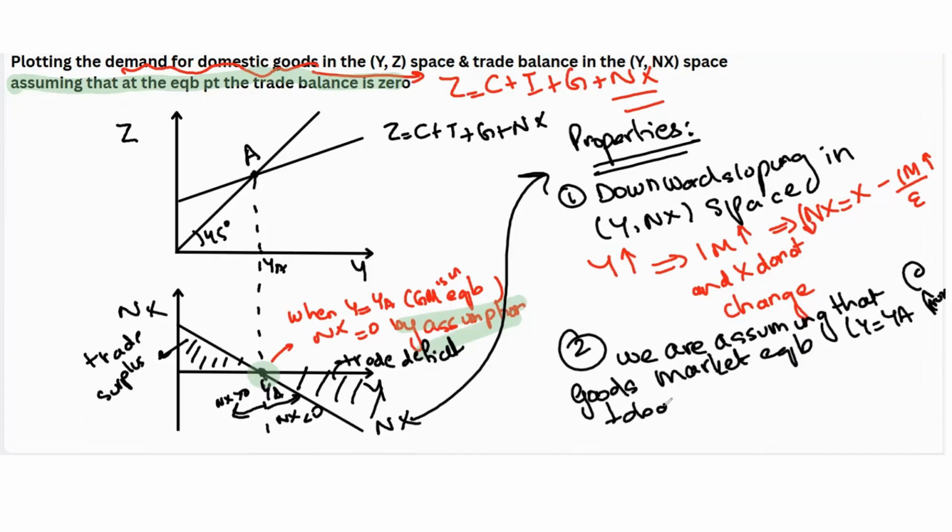In goods market equilibrium, which is this point where our demand schedule and 45-degree line intersect, NX is equal to 0. This is an assumption. Just keep in mind, this is not a necessity. We are just assuming that at goods market equilibrium, NX is 0.